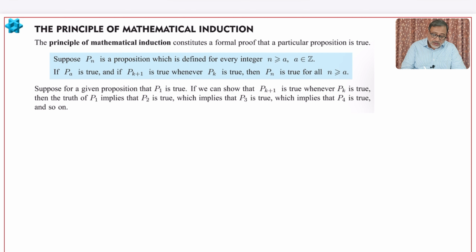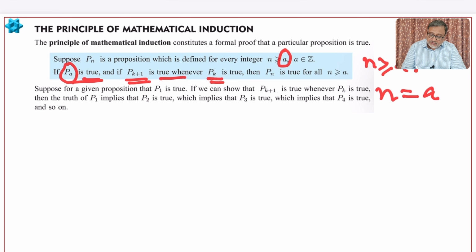If p of a is true, which means for the initial value, a is the initial value here. N greater than or equal to a means the first value of n is a. So if the initial value is true, and p of k plus 1 is true whenever p of k is true, then p of n is true.